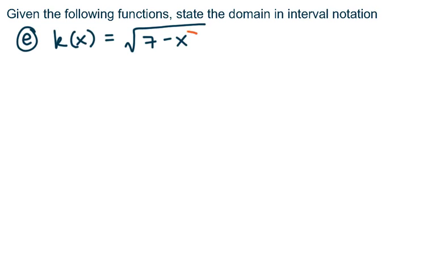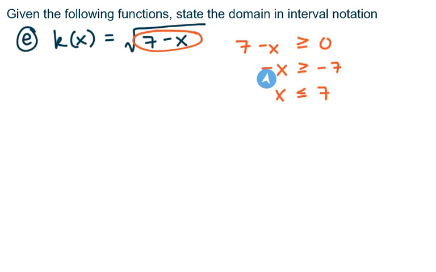So that means 7 minus x must be greater than or equal to 0. Negative x is greater than or equal to -7. We'll divide by a negative on both sides. That gives me x is less than or equal to 7. Remember, when you're dividing on both sides by a negative, that inequality symbol is going to flip directions.